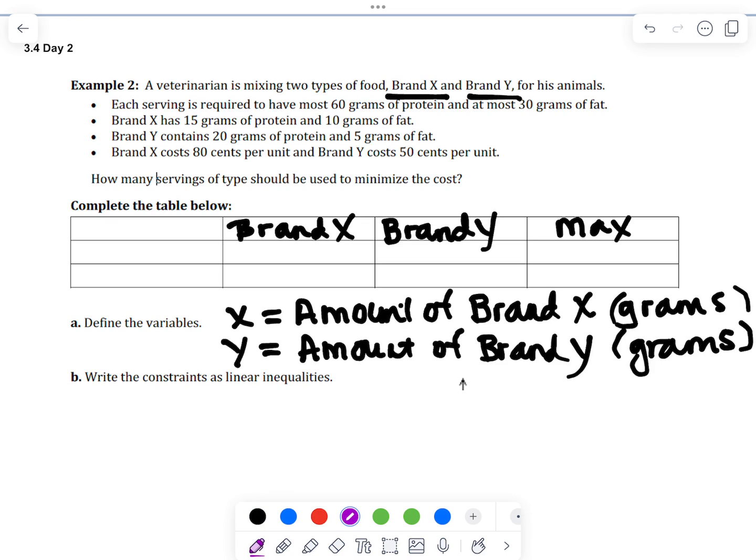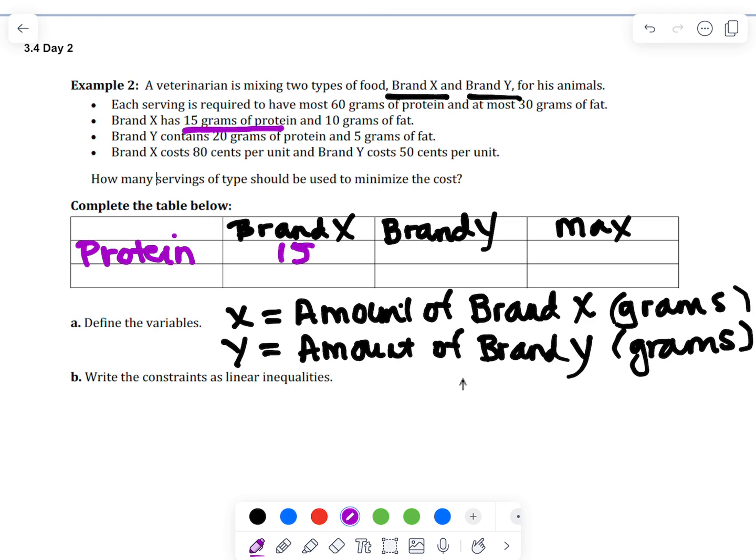Then we have some restrictions. We have the restriction on protein and fat. So let's look at brand X has 15 grams of protein.